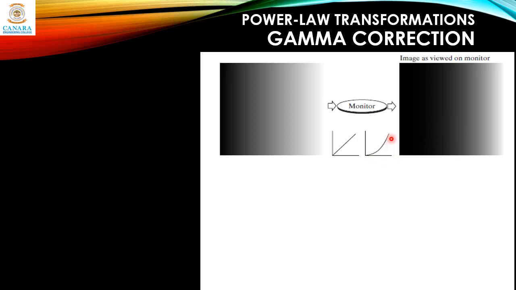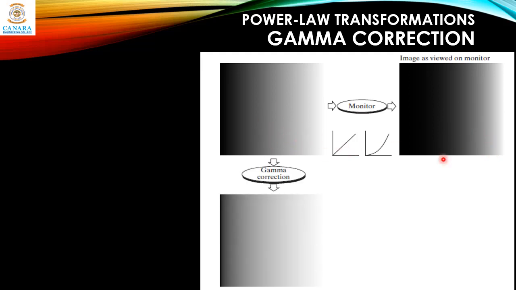If you recall the gamma function, if the value is more than 1, it will make images look darker. So this is what's happening on a CRT monitor. Now in order to correct this, we can manipulate the input image like this. We perform gamma correction and make the input image appear a bit brighter.